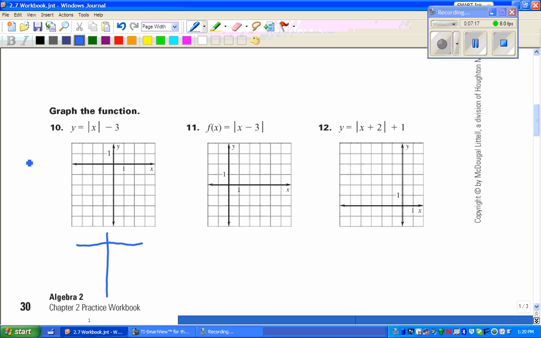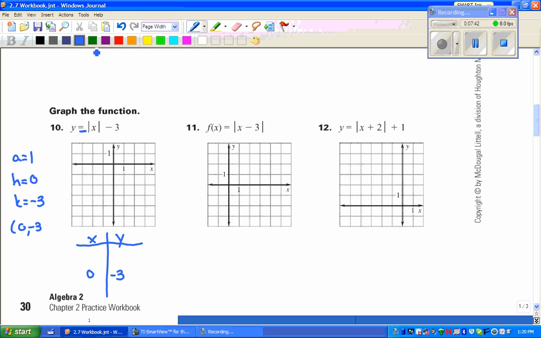My a value here is equal to 1 because that's my number right in front. My h value, there's nothing inside here, so it's going to be 0. And my k value is this part right here, so I'm going to have negative 3. So I know that my vertex is going to be 0 comma negative 3. And I'm going to use that point right there as my starting point.